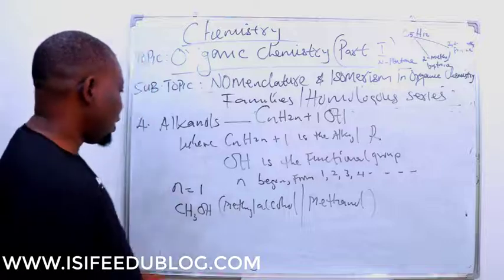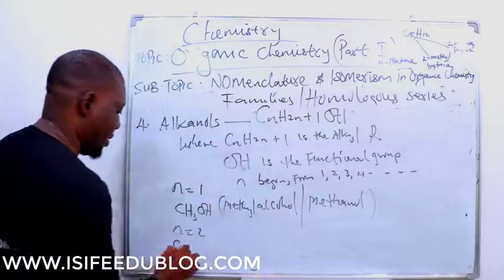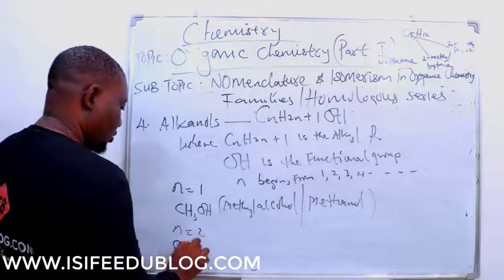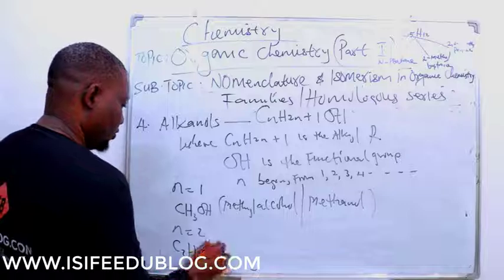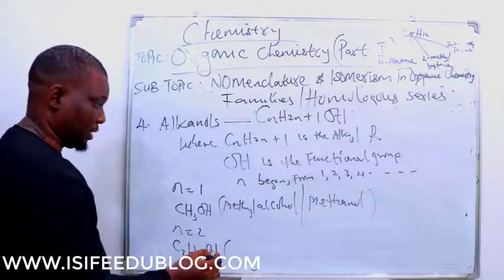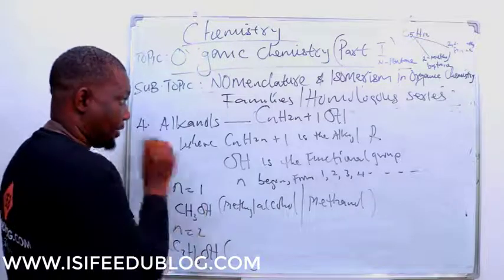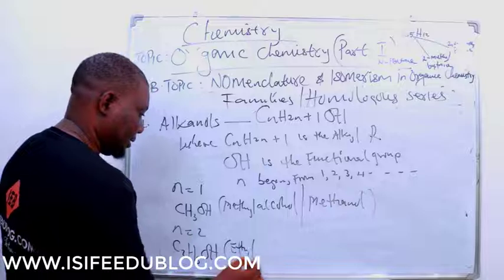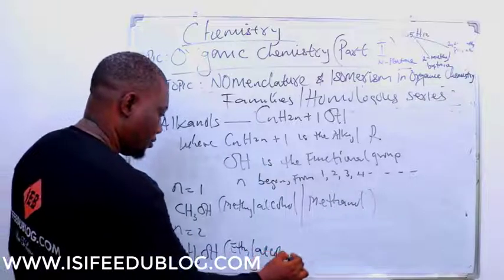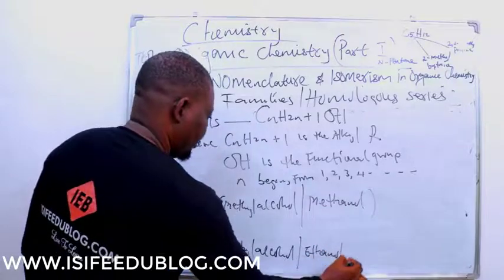And then if n is equal to 2, here will be 2 times 2, 4, 4 plus 1, 5, and then OH. What name is given to this alcohol? Please, you can pause the video and try that. So this is going to be what? Ethyl, that's the R there. This is ethyl alcohol, or I can simply call it ethanol.